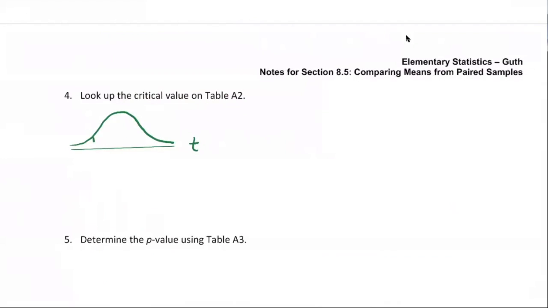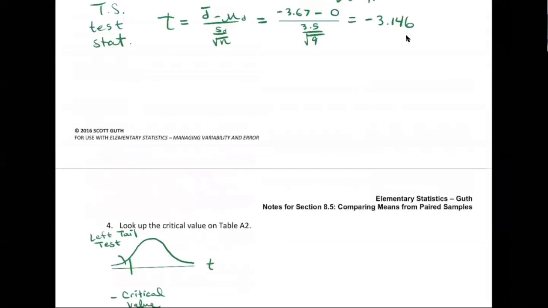With a left tail test, you mark off a critical value. It's going to be negative because it's a left tail test. Okay, and the area of the tail here is our alpha value. So I don't remember what alpha was.